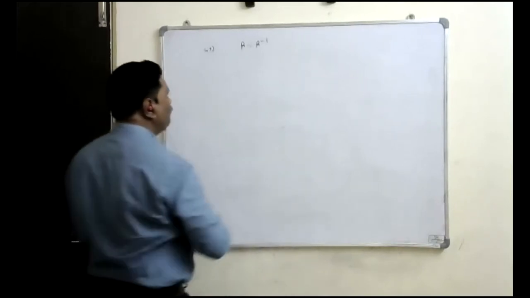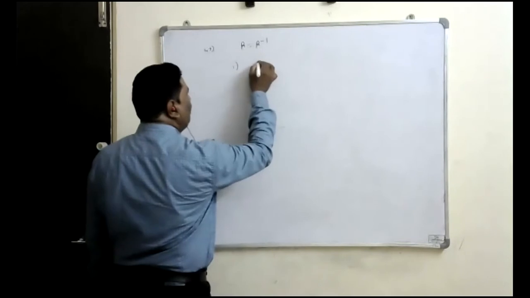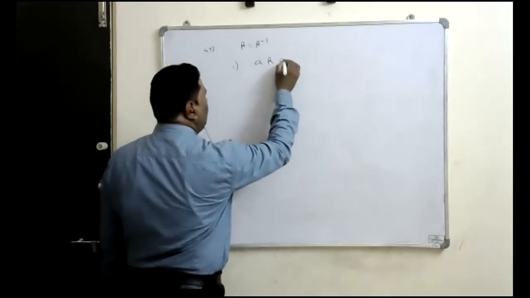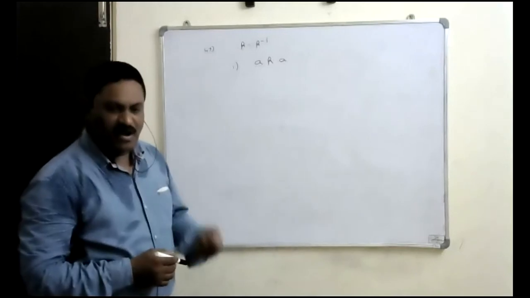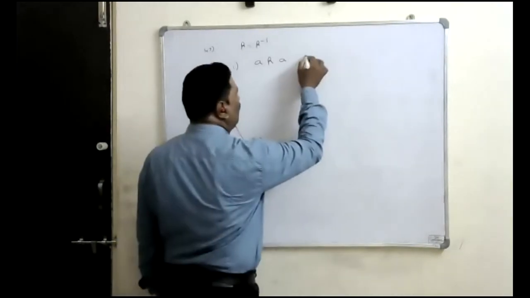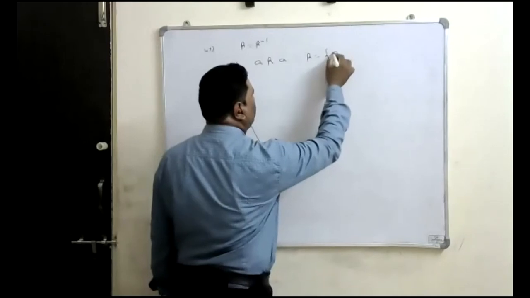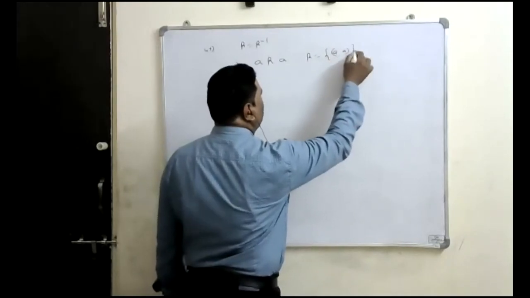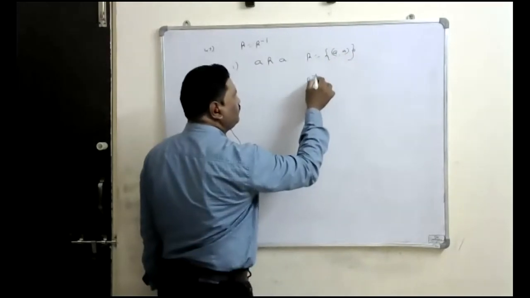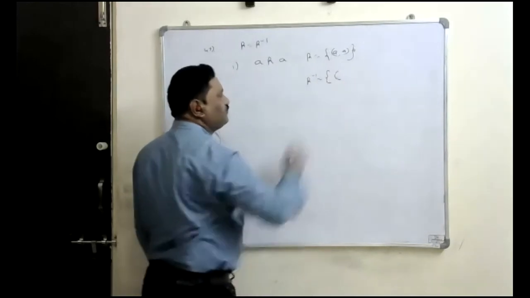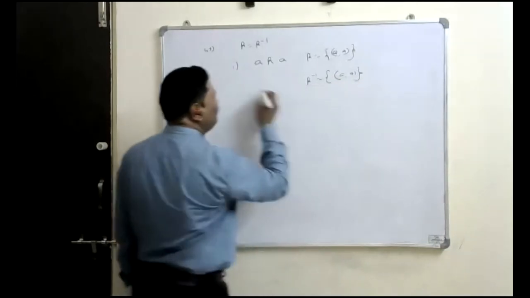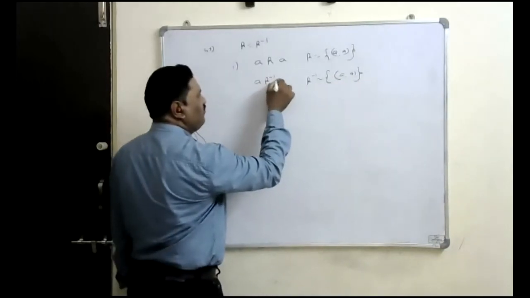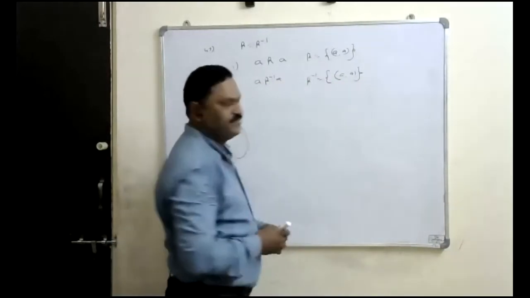When is this possible? Suppose it is a reflexive relation, every element should be related to itself only, no? Identity relation. That is, R is equal to (A, A). Then tell me, what about R inverse? It is (A, A) also, the same as R. Means both are equal only here.